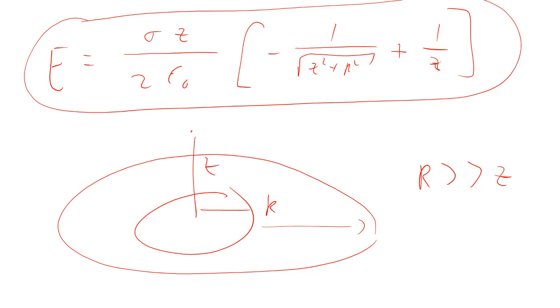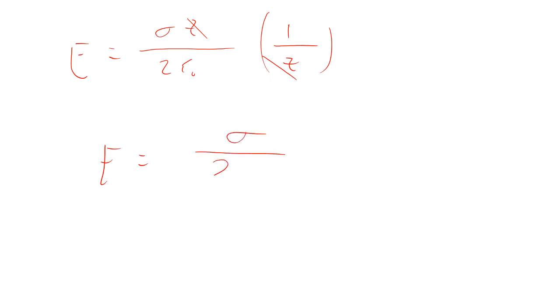And in that case, this first term would be pretty close to 0. Then we would have that the electric field is sigma z over 2 epsilon naught times 1 over z. The z's cancel, so the electric field is sigma over 2 epsilon naught.